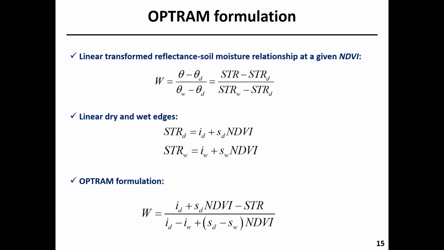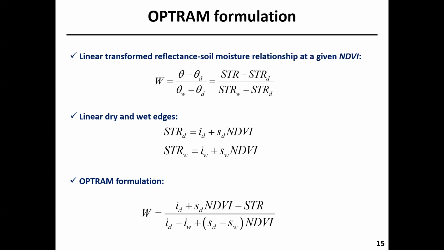So in the OPTRAM formulation, we have W, soil wetness, which can be calculated as a function of NDVI and STR, which is the sphere transform reflectance. So purely using optical data, we have NDVI from red and NIR data, we have STR from the shortwave infrared band. So using only optical data, we can estimate the soil moisture content.